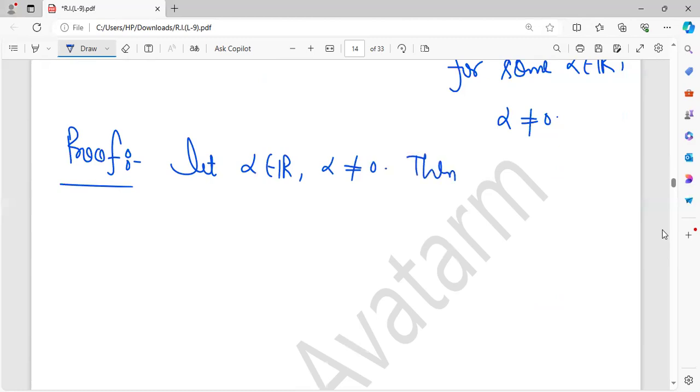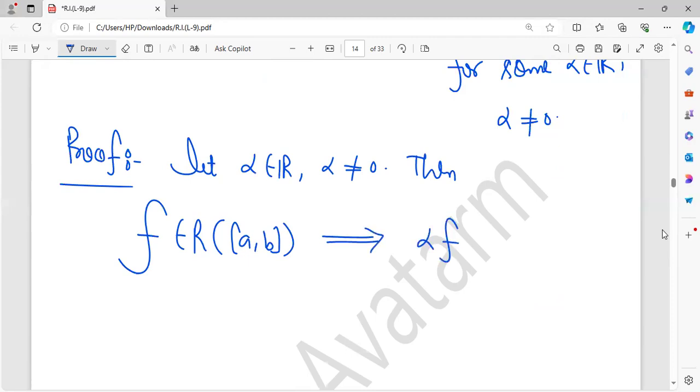Then what we have? f belongs to R[a,b] implies alpha f belongs to R[a,b].